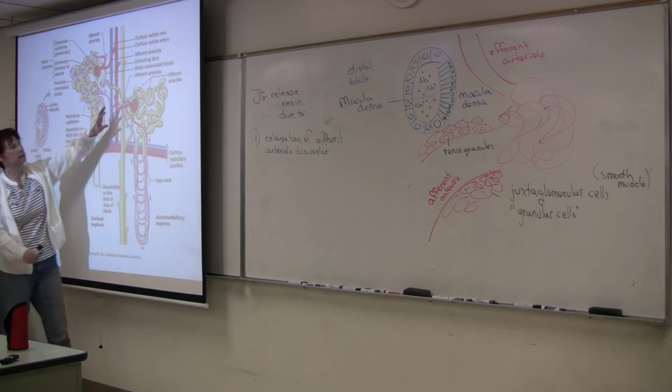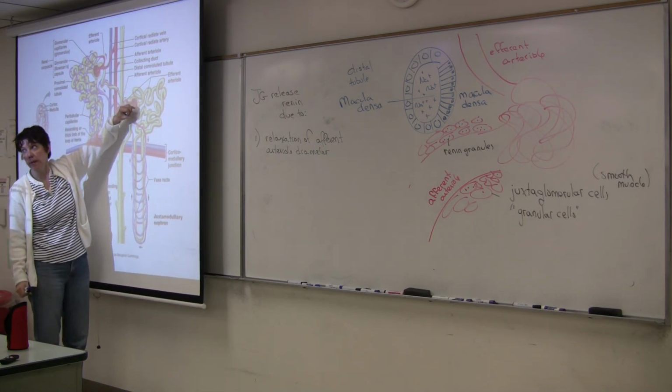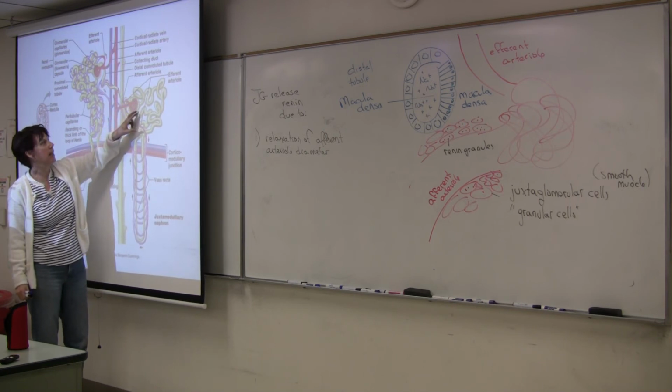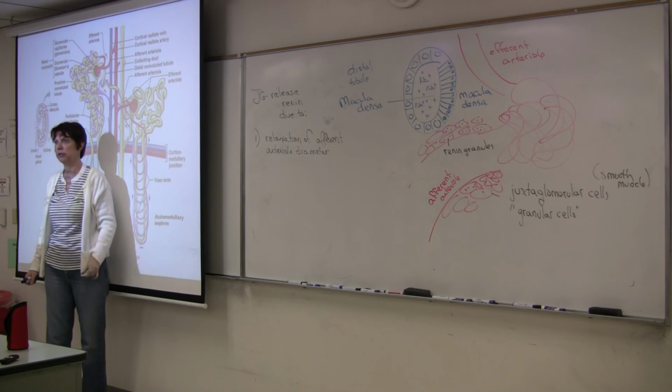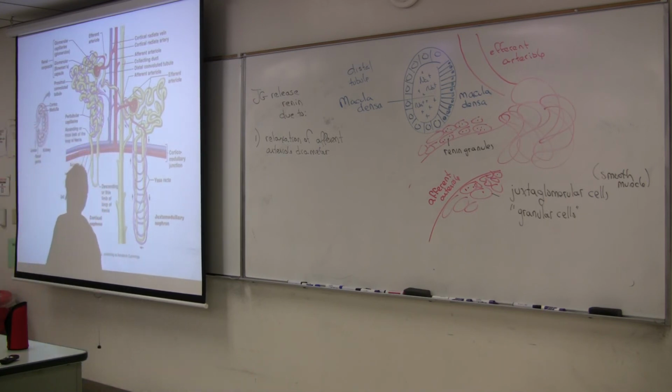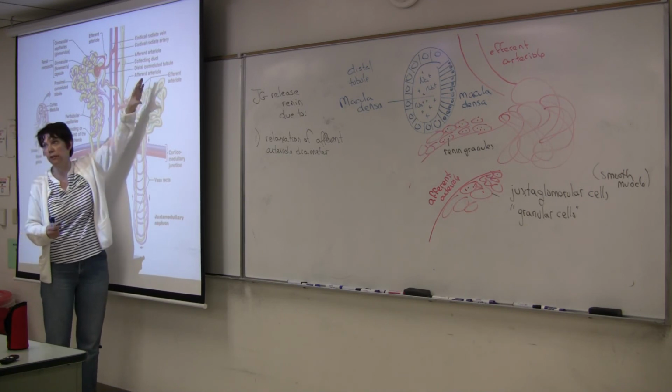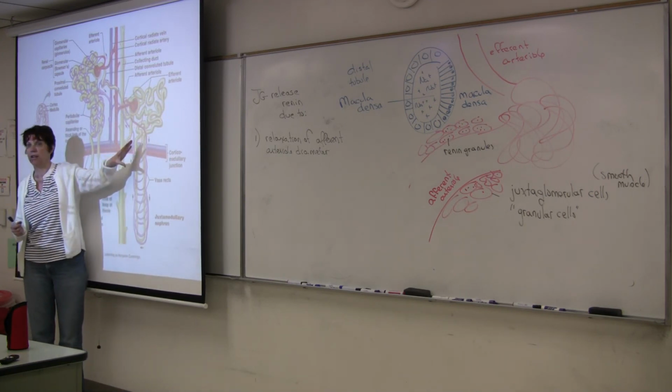Here's our capsule. Filtration of sodium ions means that the sodium goes into the filtrate, and then it goes into the proximal convoluted tubule. There, 80% of the sodium ions are moved out of the filtrate back into the blood. If glomerular filtration pressure is high, what is that going to do to the rate at which this filtrate flows through the nephron?